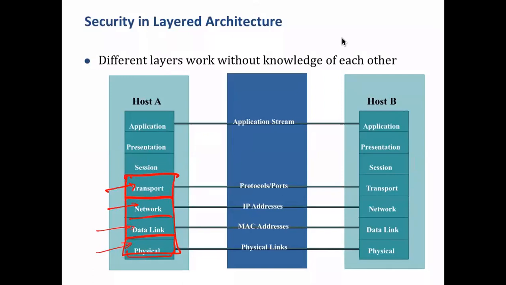That's the layering concept, so that a change in one layer doesn't impact another layer, but they are also dependent on each other. There's interdependency between them, because the data link layer works over the physical layer, the network layer runs over the data link layer, and the transport layer runs over the network layer, and so on. Ultimately, the aim is that there should not be any problem to the application. But if there is a problem in any of these layers, then of course there is a problem for the application, right?